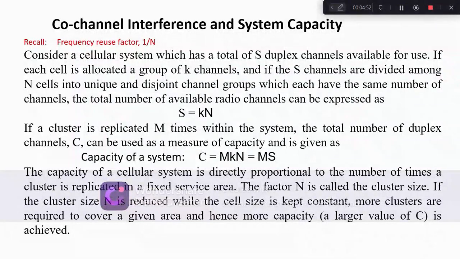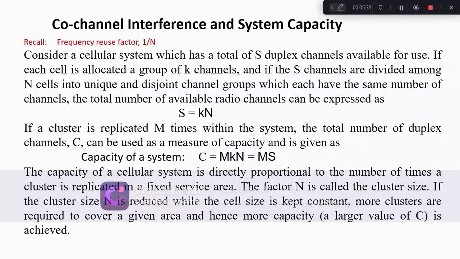Remember the variables: we have S duplex channels available for use, and in each cell there are K channels available for use. If the S channels are divided among N cells into unique and disjoint channel groups, which each have the same number of channels, the total number of available radio channels can be expressed as S equals KN.